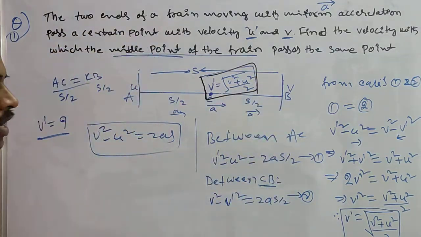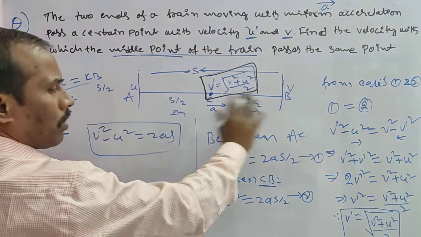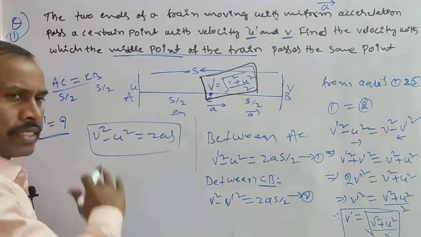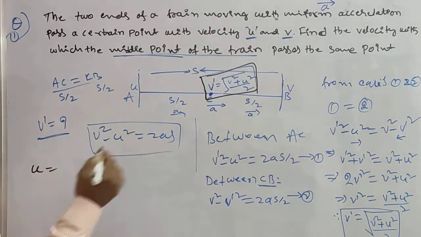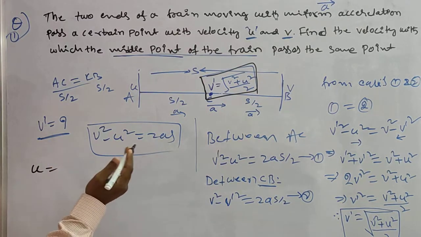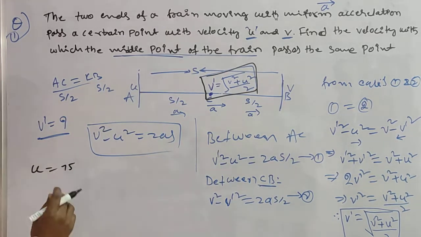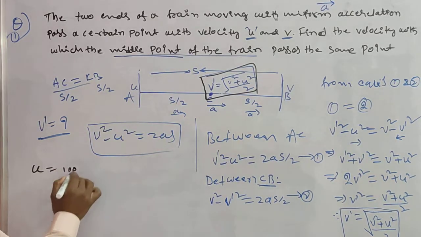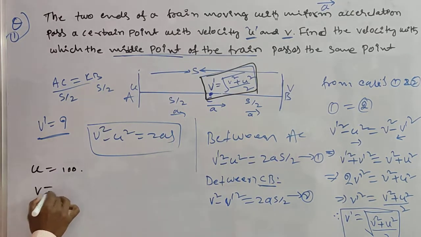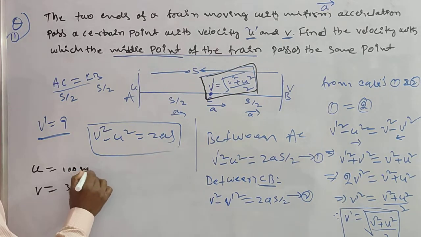Now next, here is an example problem. The velocity of the ends, for example, u is equal to 100, and v is equal to, for example, 300 meter per second.